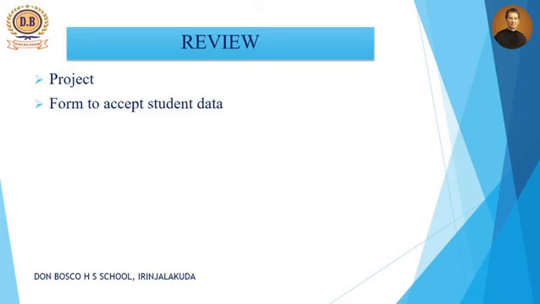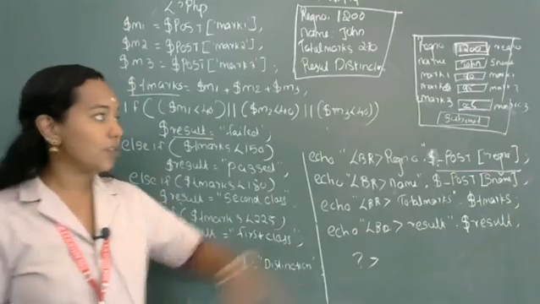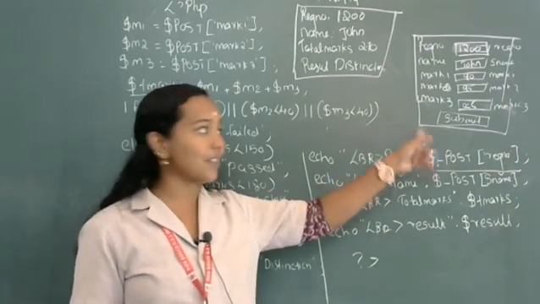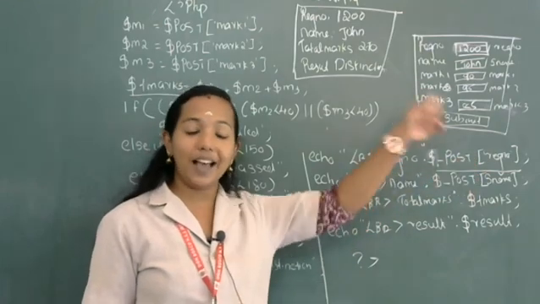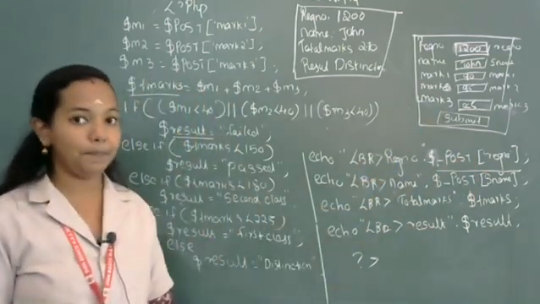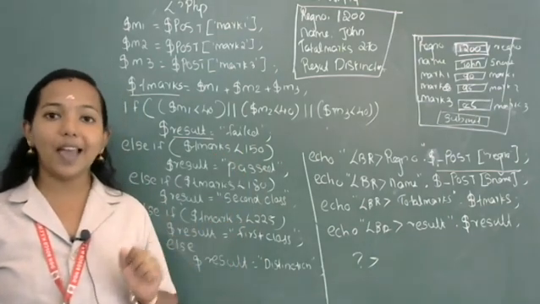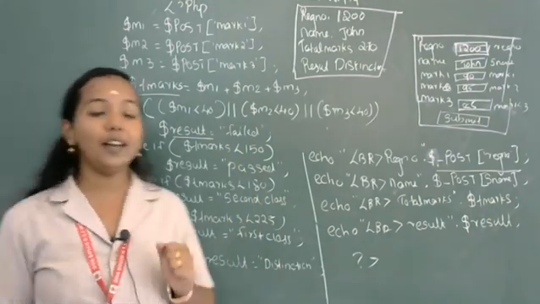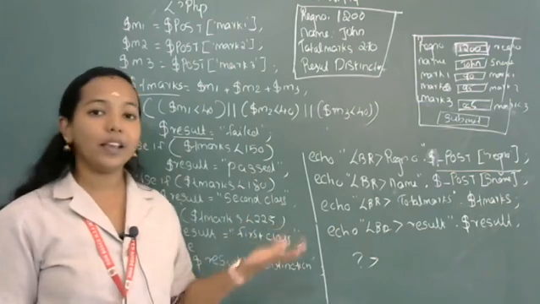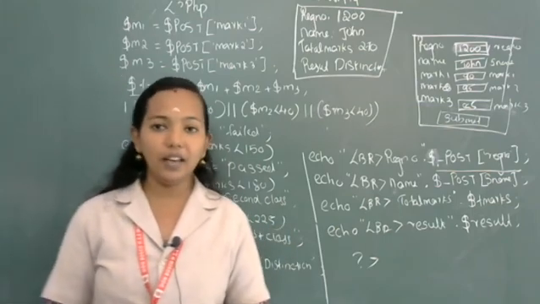PHP project, how we create a PHP project by interconnecting HTML and PHP programs, and also we discussed the form to access student data. This is the sample student data. We can create a student data form using HTML. Then that HTML we can connect with PHP using the action attribute, and also the method, get or post, we can use.